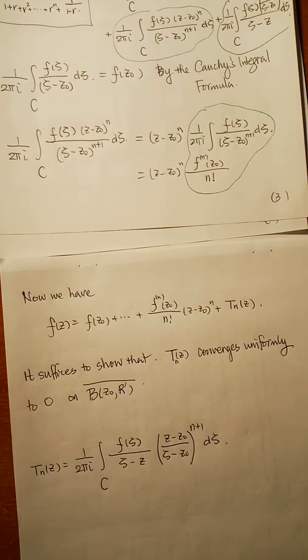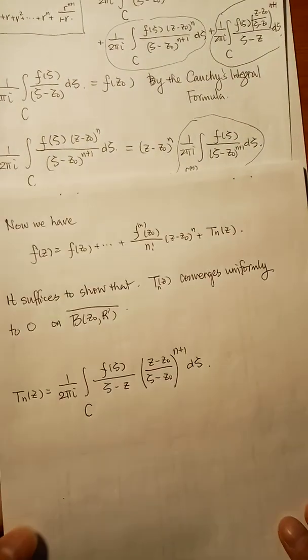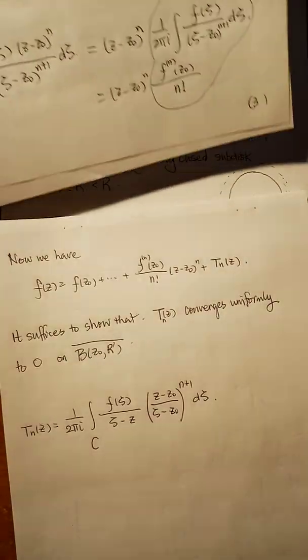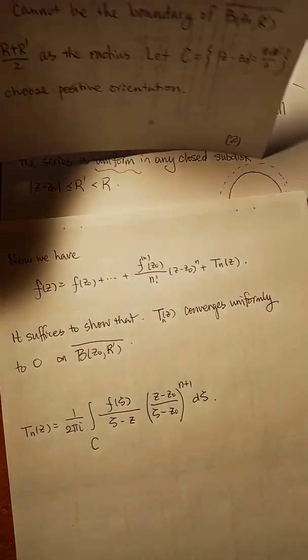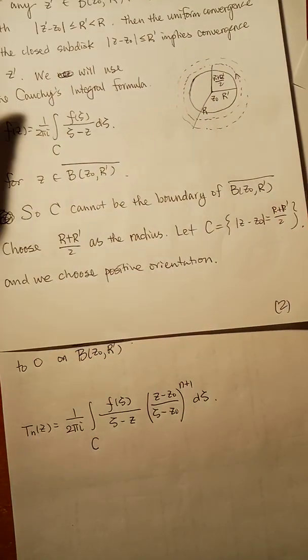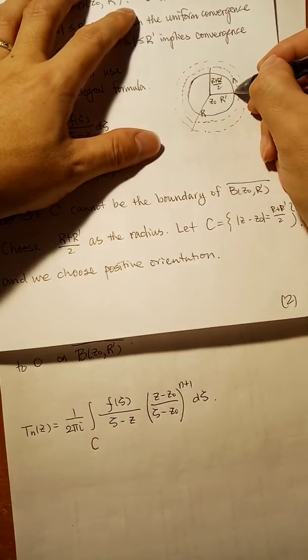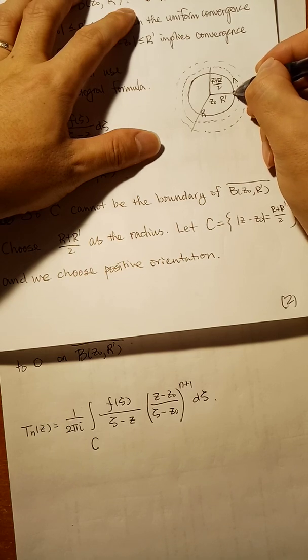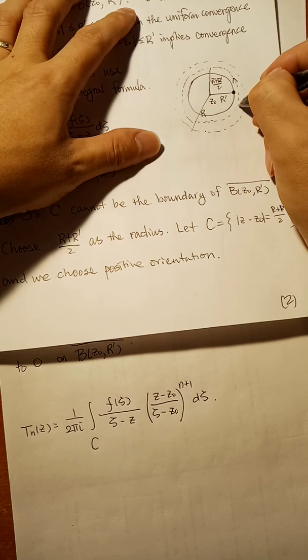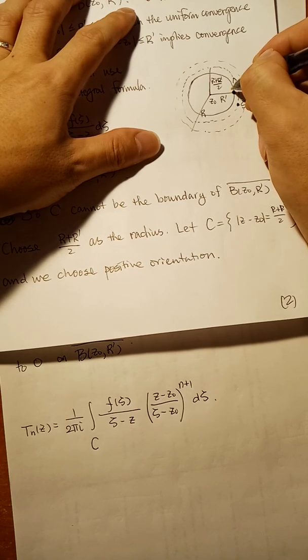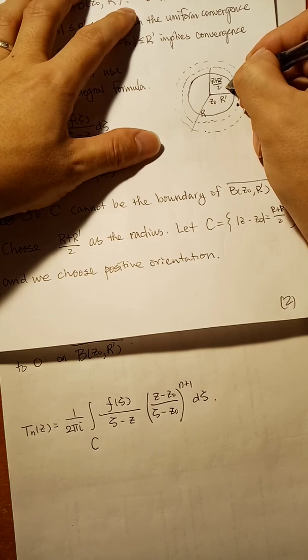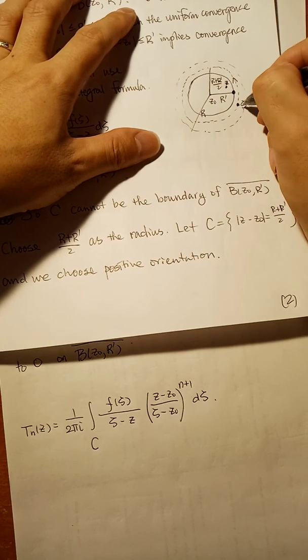In this function, let's see what we have. We need to borrow the graph here. z is possibly here, this way, and theta is here.